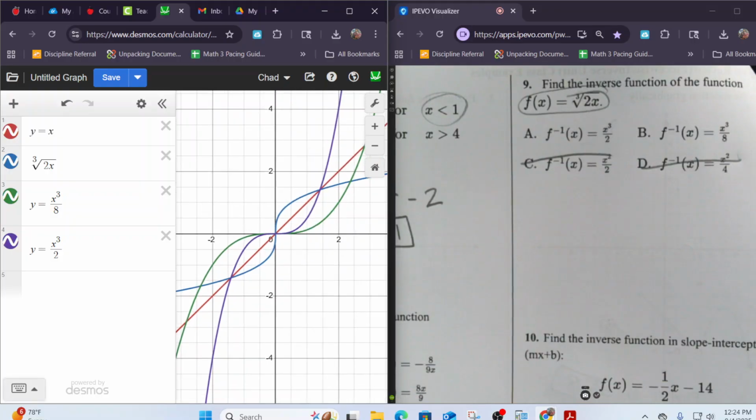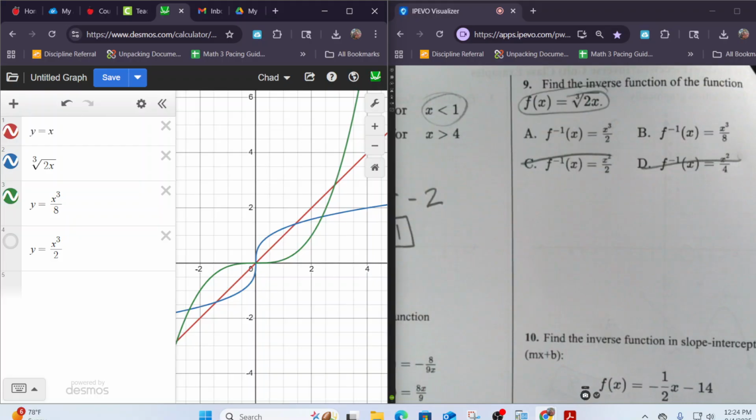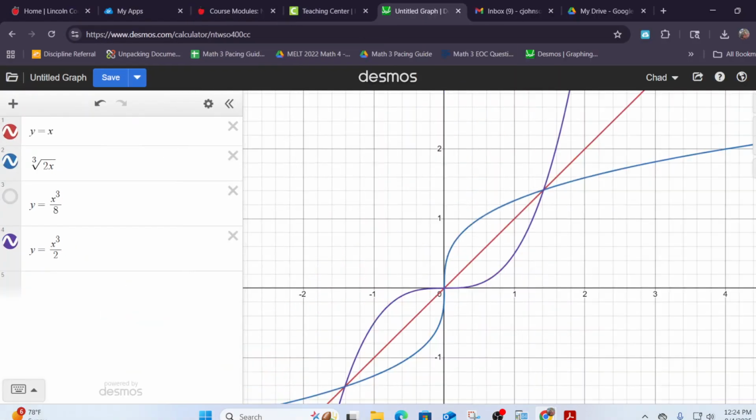Okay, guys, notice that the green line and the blue line do not meet on my line of reflection. Notice they're off just a little bit. But look at the purple line. Notice how they meet on the line of reflection. They meet here, here, and here. That means that they will reflect over that line. Okay? That's what that means.